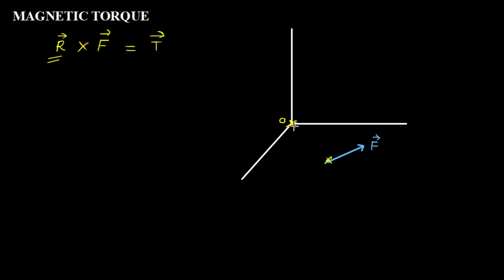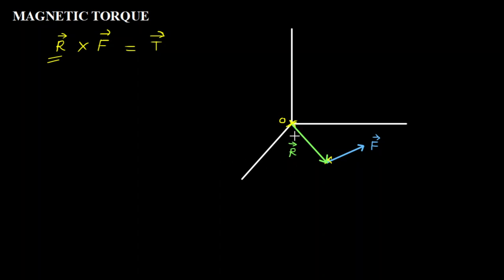The distance between the point at which I am calculating the torque and the point at which the force is acting, I can easily calculate. It is a straight line distance, and this distance is a vector.